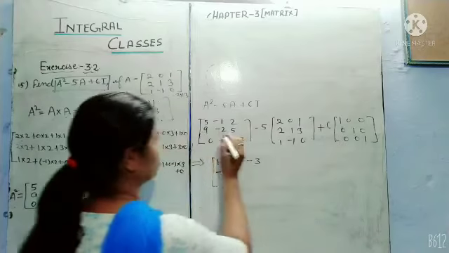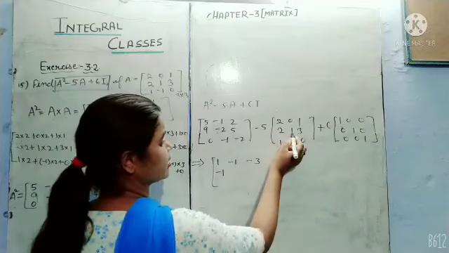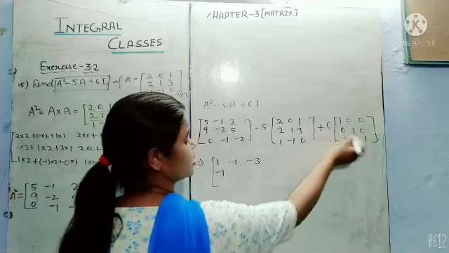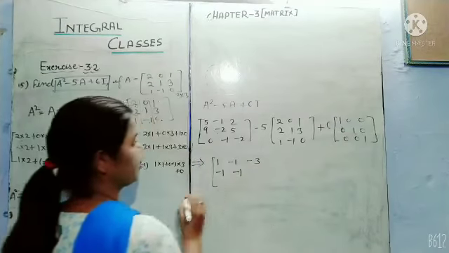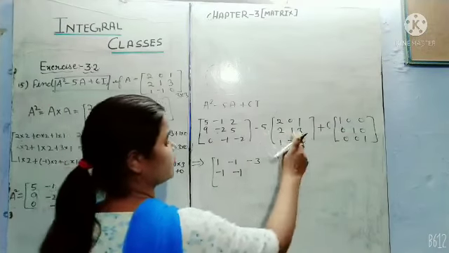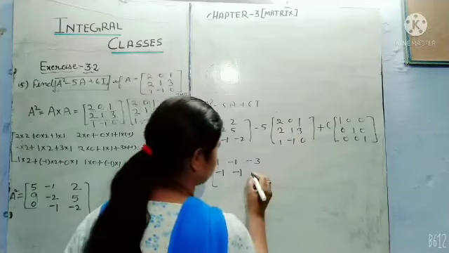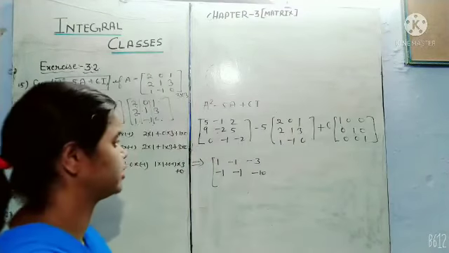It will be 0 because minus 2 minus 5 is minus 7, and plus 6 is minus 1. 5 minus 15 is minus 10 and 0. So here it is only minus 10.